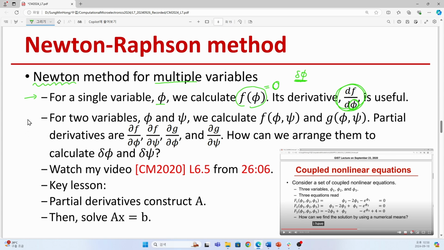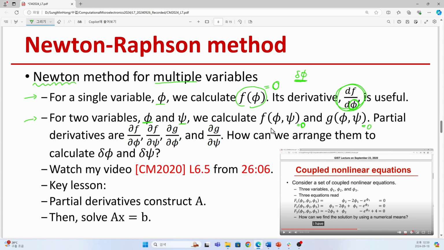So let me just generalize it a little bit further. If we have two variables, for example, phi and psi, and let's assume that we have two different functions, f and g. What we wanted to do is just to find out a set of phi and psi which satisfy f equal to 0 and g equal to 0.